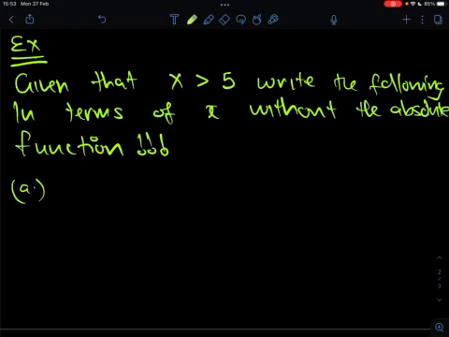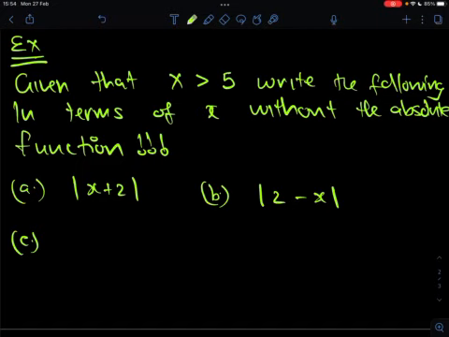A, we are given the absolute value of x plus 2, and then B, we are given the absolute value of 2 minus x, and then C, we are given the absolute value of 4 minus x squared, like that.